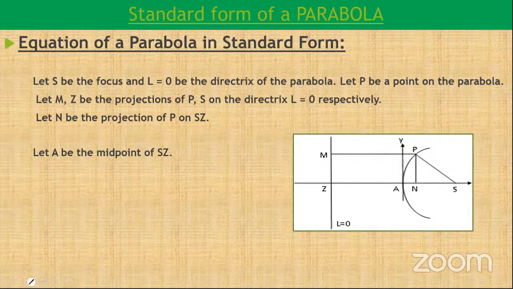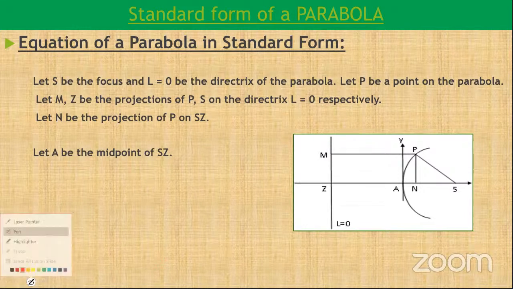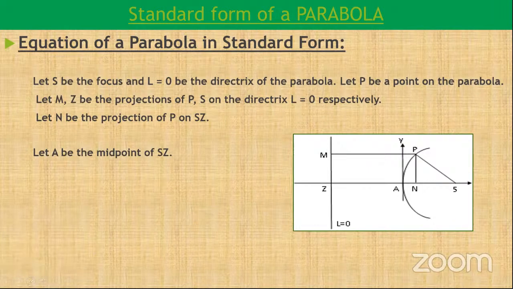I just marked it in red so that you can see clearly what is the focus and what is the directrix. This is the directrix, children. That is the fixed straight line. And this point S is the focus.